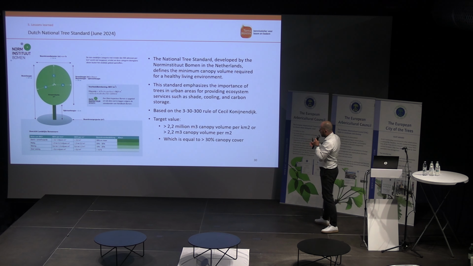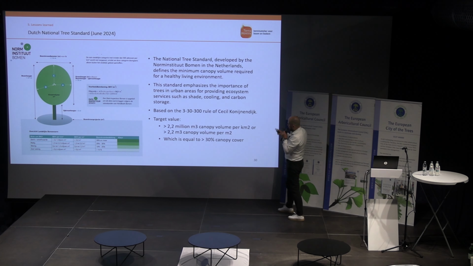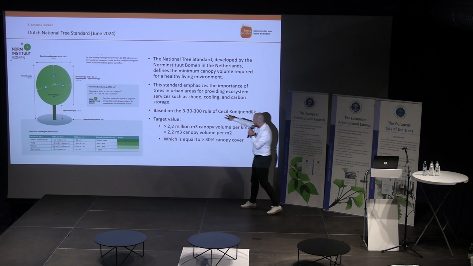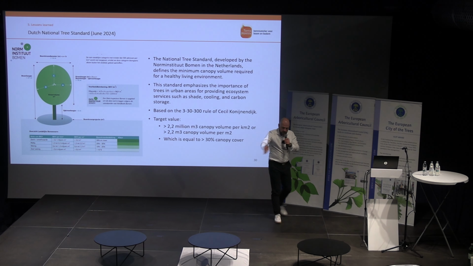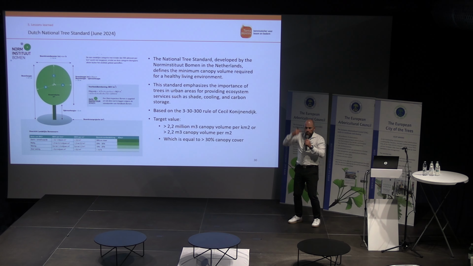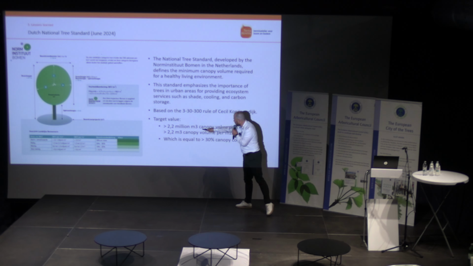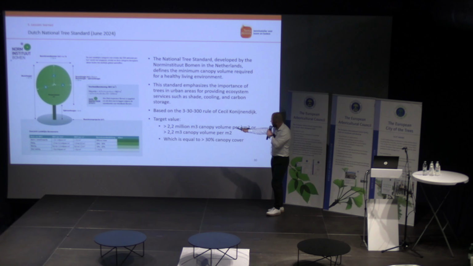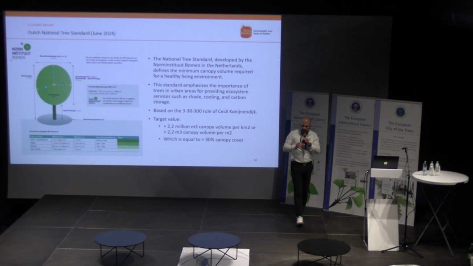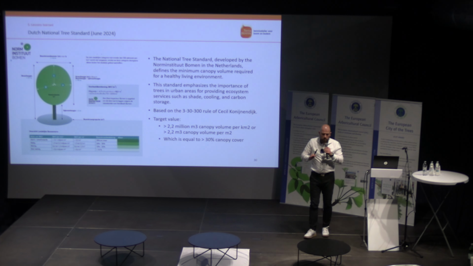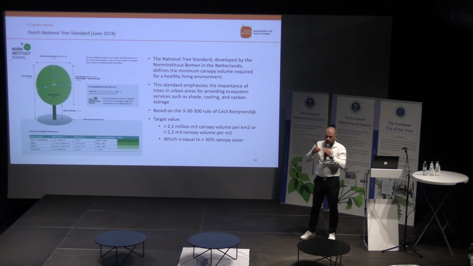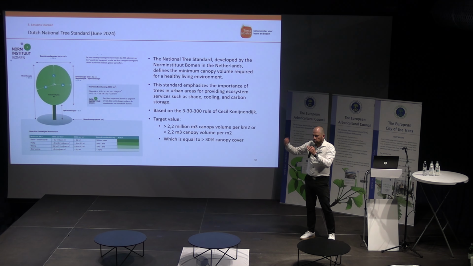So they did a calculation, a study, and they found out that this 30, which is in square meters, if we want to develop it into a 3D model, we need an average of 2.2 cubic meters of canopy volume per square meter. And that would be the norm, which is equivalent to the 30%.